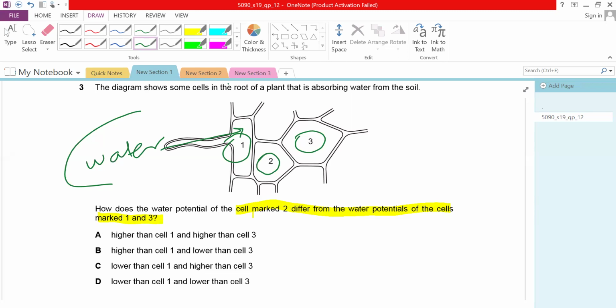So cell 2 has lower water potential than 1, and cell 3 has lower water potential than cell 2 as it is after 2. So the correct option for this would be C. Lower water potential than 1 and higher water potential than 3.